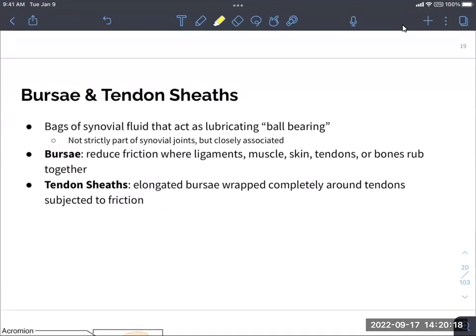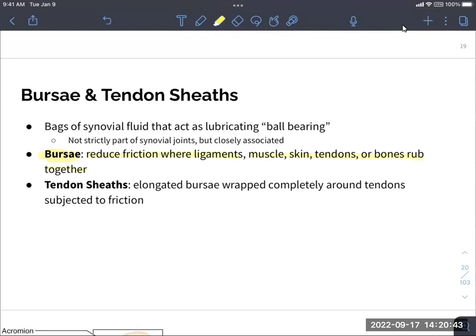So a bursa. We've talked a little bit about, we mentioned it, but here we're going to talk what it actually is. A bursa is a little fluid-filled sac that reduces friction. It could be by ligaments, muscles, skin, tendons, or where bones rub together.